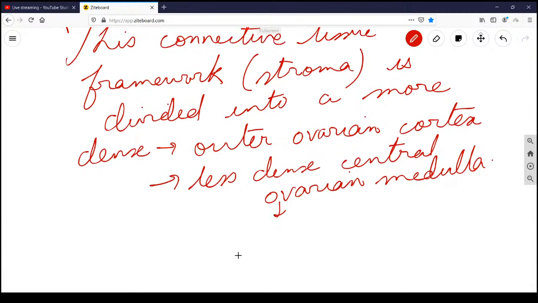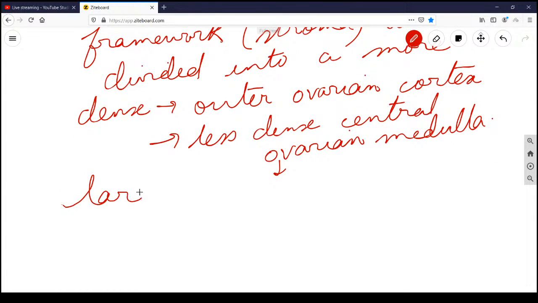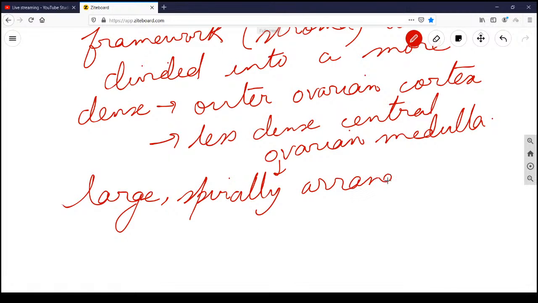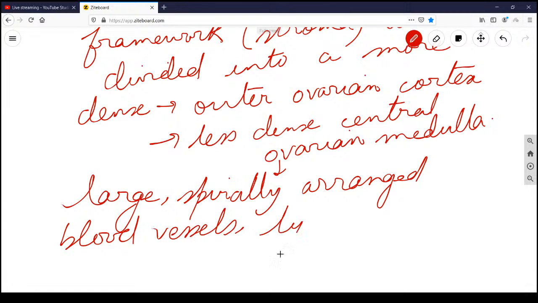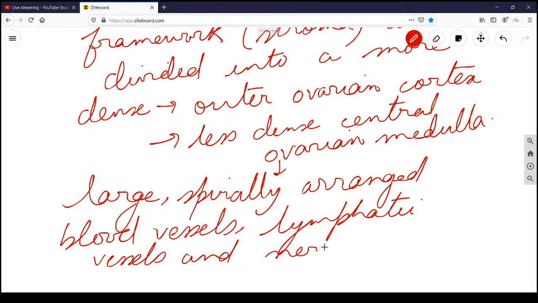It contains the blood vessel supply, lymphatic vessel supply and autonomic nerve supply as well. Okay, so that is there in the ovarian medulla.